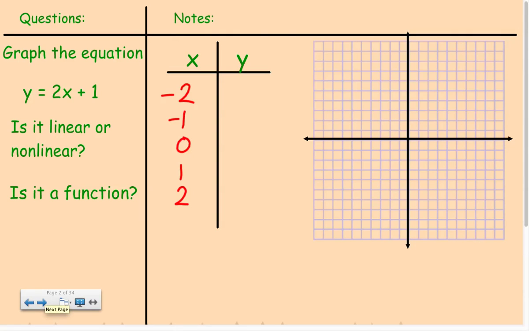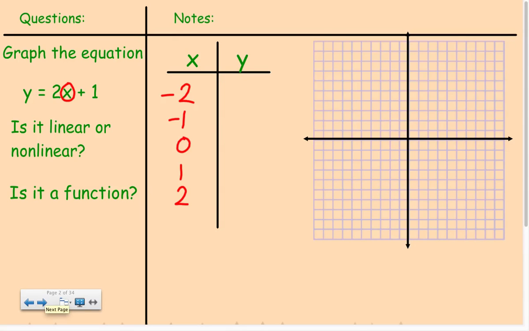And like I mentioned, I always want a couple negatives, 0, and a couple positives in each situation. If you wanted to, you could choose 10, 11, 12, 13, 14, 15, negative 3, negative 4, negative 5, negative 6, negative 7, but they might not give you as good of an idea of what the graph is going to look like.